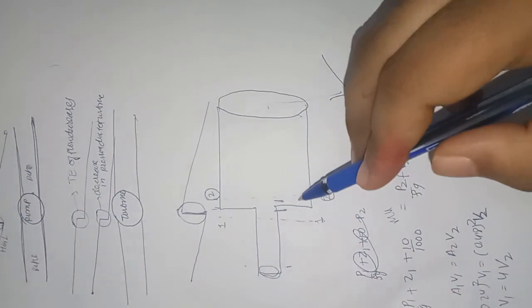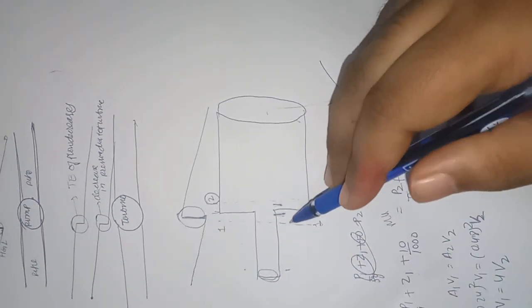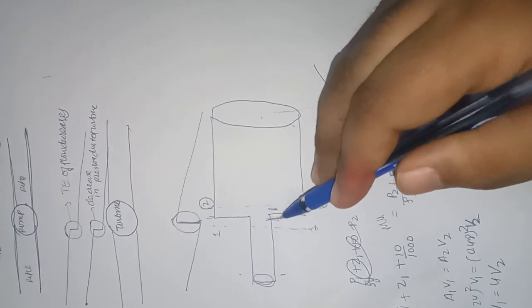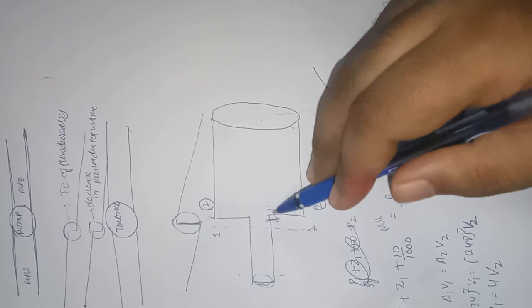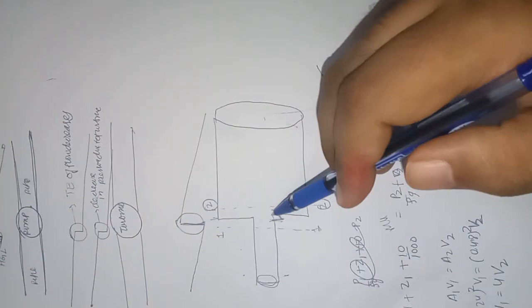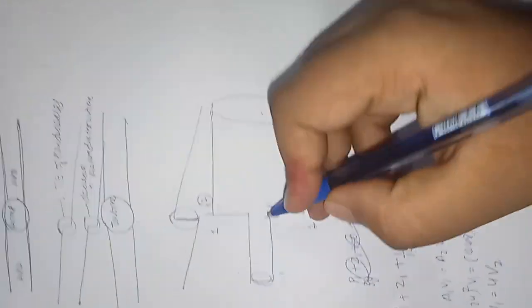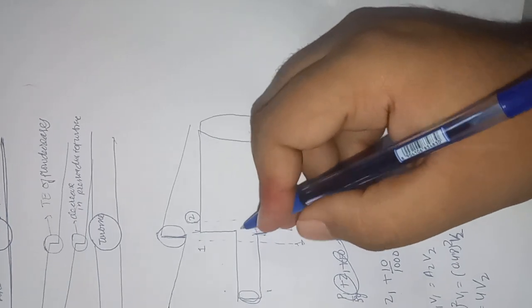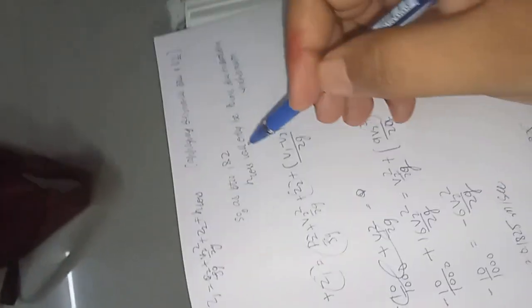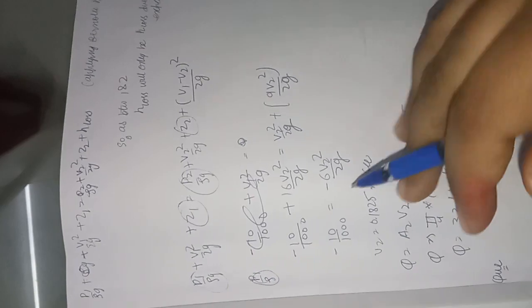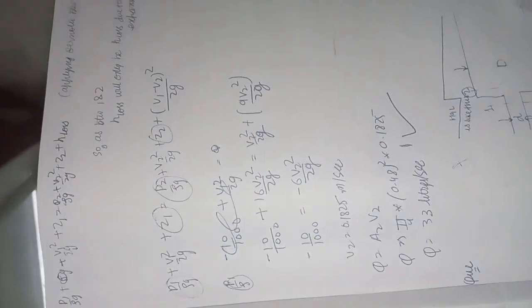As we are taking very adjacent points, the head loss due to the small length is negligible, and only the sudden expansion head loss remains. Now with the values found, we find V1, V2, and then Q.